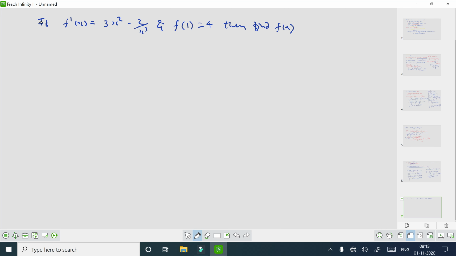Now see here, f dash x is given to us. Here f dash x is equal to 3x square minus 2 by x cube is given to us.